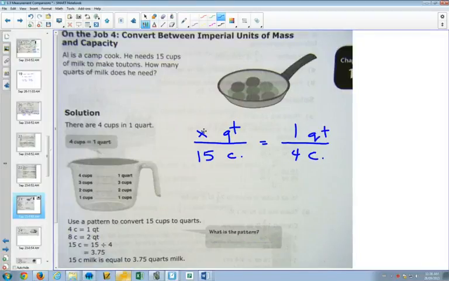So we write out our proportion. Multiply both sides by 15. So that'll cancel those out, and we will get 1 divided by 4 times 15. 3.75 quarts.